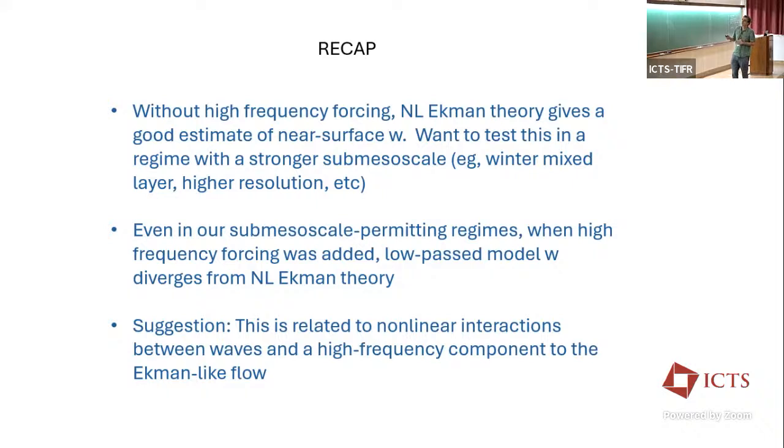And I'd like to do that in a simulation with a more robust submesoscale. Mine doesn't really have that, and I just haven't gotten there yet. But even in the simulations that we have done, if you want to be generous, you could call it submesoscale permitting. When we add the high frequency forcing, the low pass W diverges from this theory.